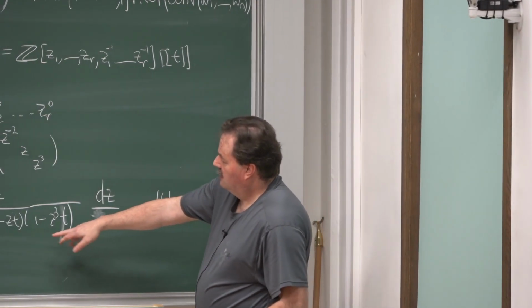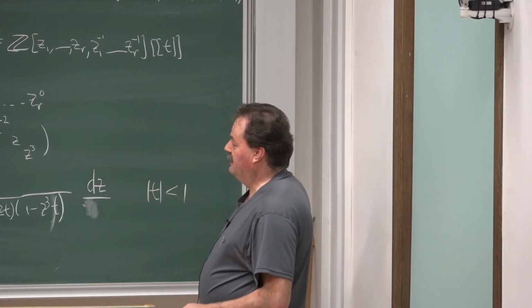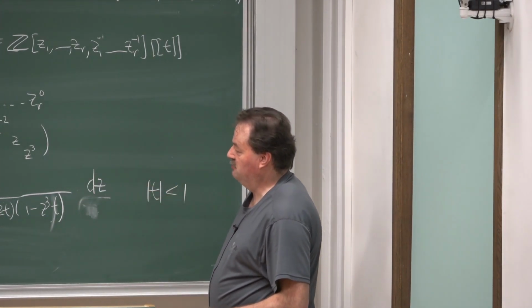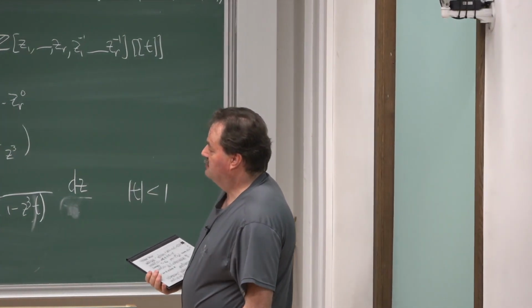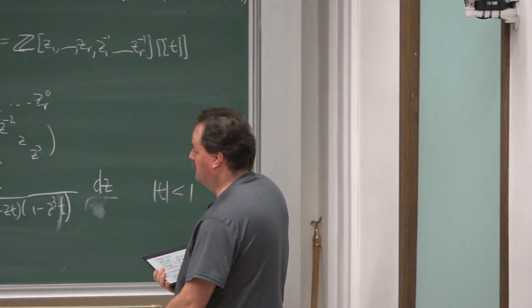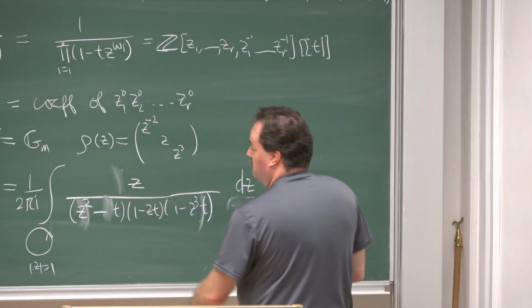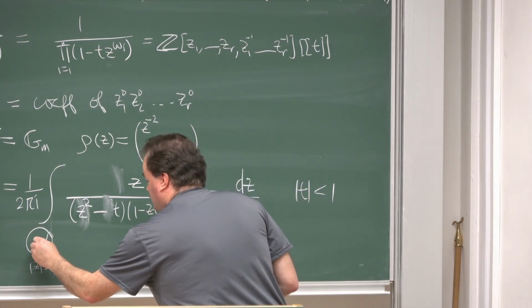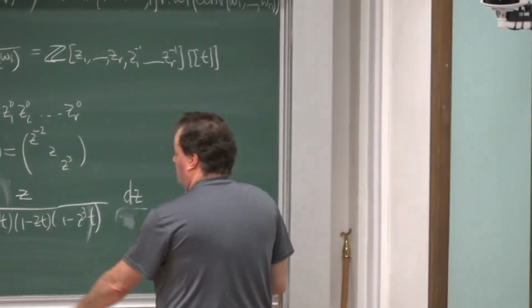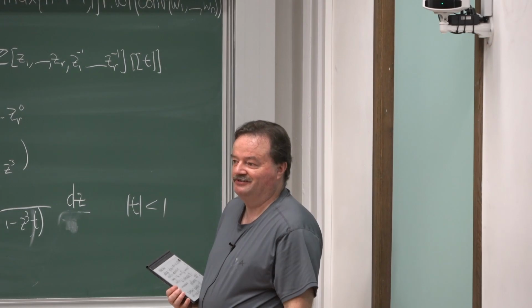So now we get this integral, and if you have such an integral, then this is equal to the sum of the residues inside the unit disk. So what are the poles? There's a pole at z is square root t, and also z is negative square root t. These other poles lie outside the unit circle.